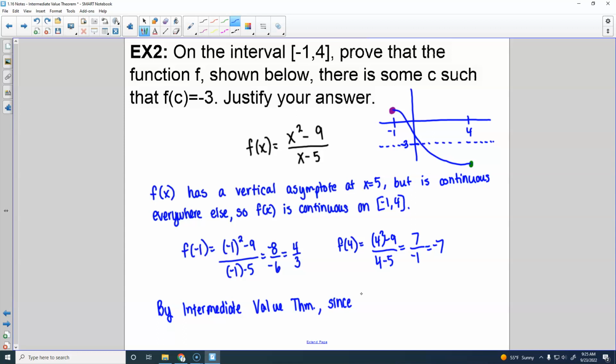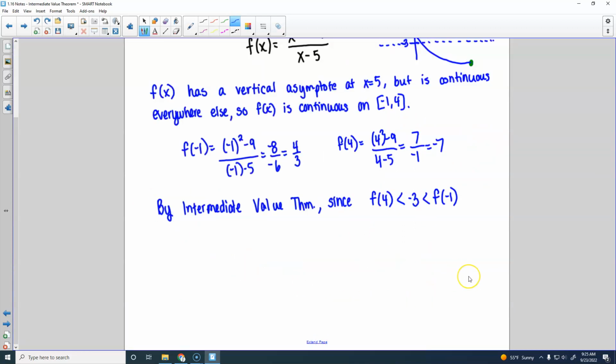Which value is lowest? The second one, right? So we need to say f of 4 is less than -3, less than f of -1. And we have shown what those values are up here, so it's okay to do it this way. You would not want to just write this without showing that you actually found what those values are. But we know that f of 4 is less than -3, and that's less than f of -1.